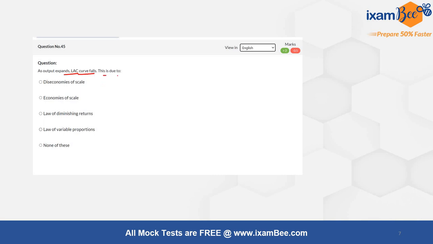Next question, as output expands, the LAC curve falls. Why? What is the reason behind it? So LAC is the long run average cost curve. Now, as you increase the output, this curve starts falling. This happens because of economies of scale.